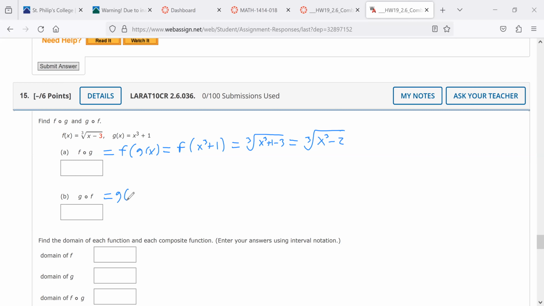G of F. So this will be G of the cube root.